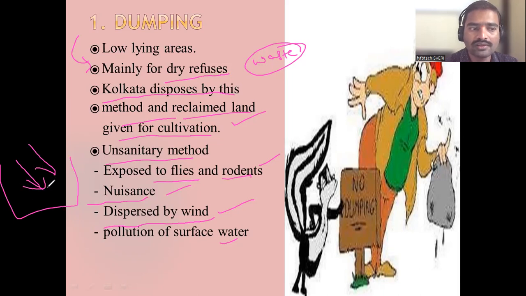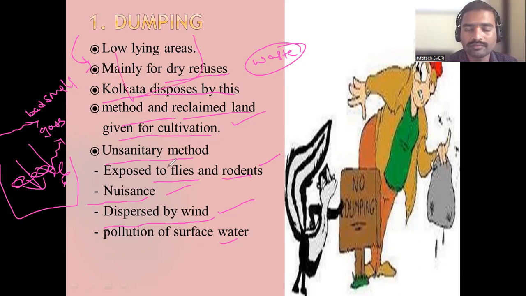After some point of time, it will start decaying. As it starts decaying, it will emit some gases and bad smells. If air is passing like this, then the bad smell will come to the community, the public.